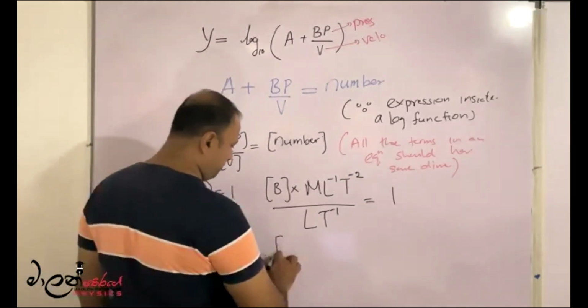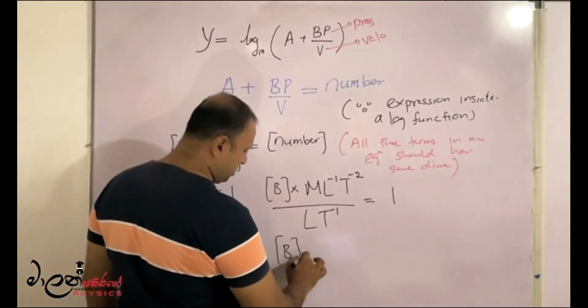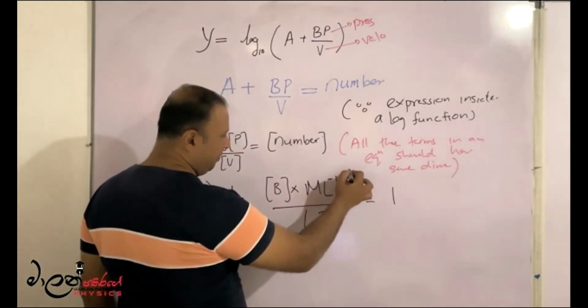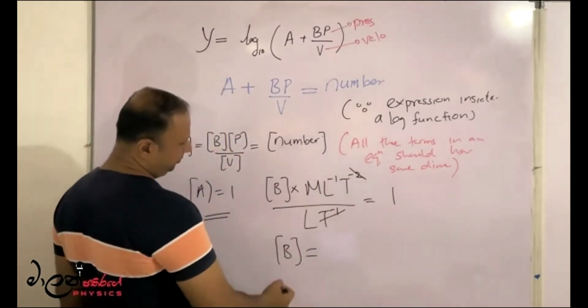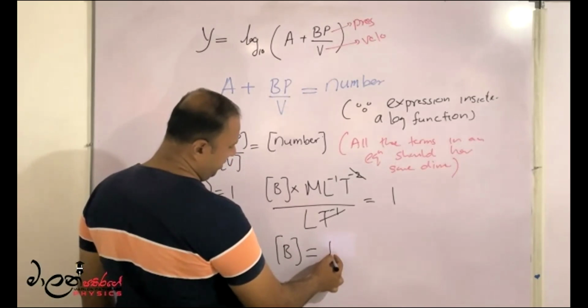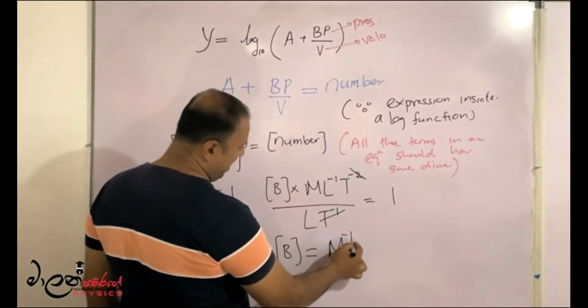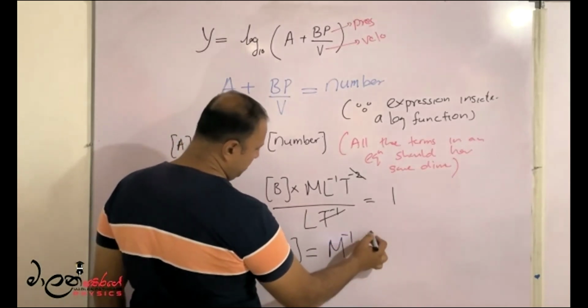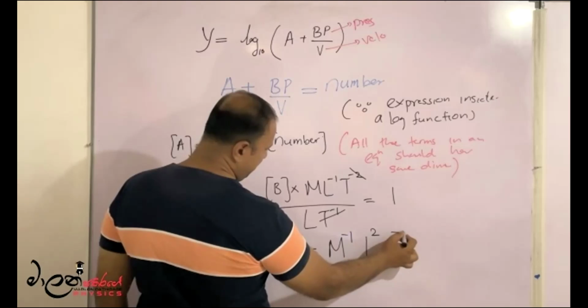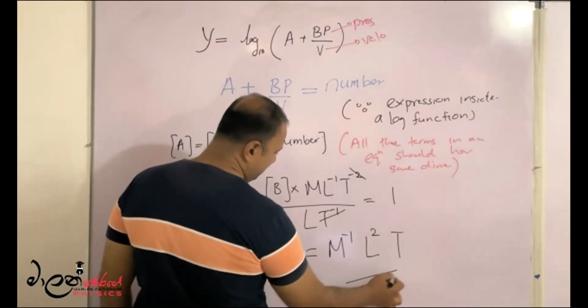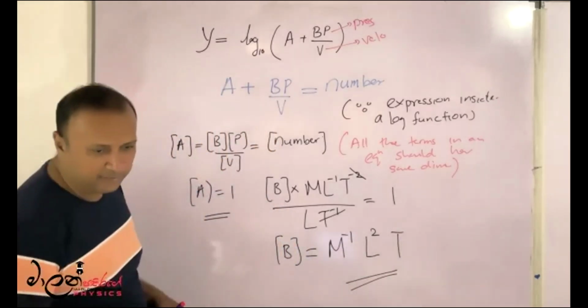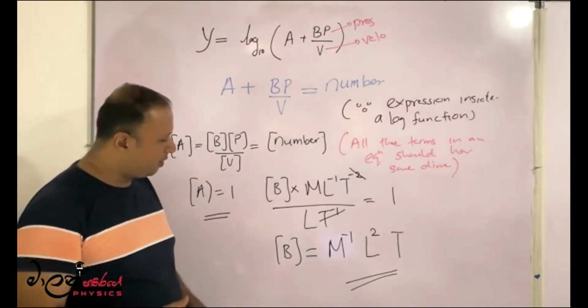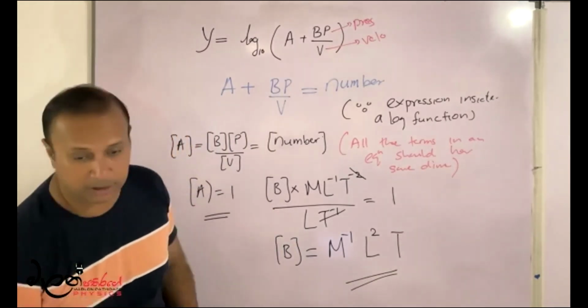Therefore, dimension of B is M to the power minus 1 L squared T. Therefore, the answer is M to the power minus 1 L squared T.